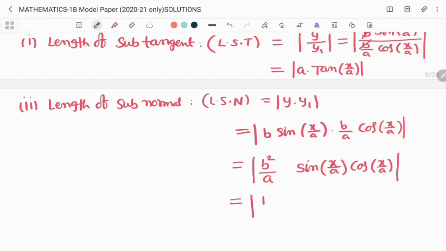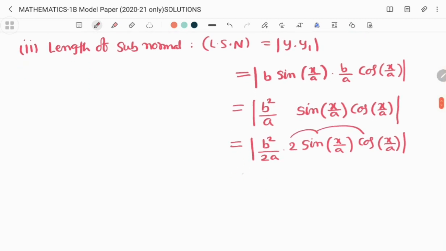So b square by 2a into 2 sin x by a into cos x by a. So multiplying and dividing by 2, 2 sin x into cos x, sin 2x. So therefore mod b square by 2a into 2 sin theta into cos theta is sin 2 theta. So sin 2x by a.